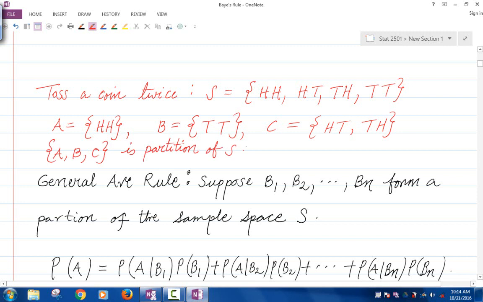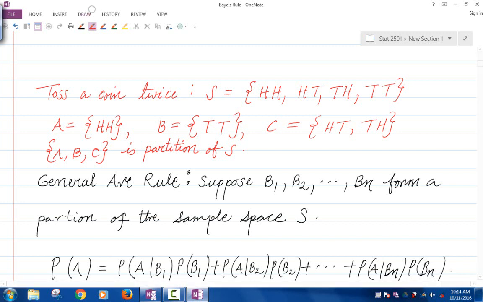Why? Because A, B, C are disjoint, aren't they? They are disjoint, and their union is the entire sample space, right?